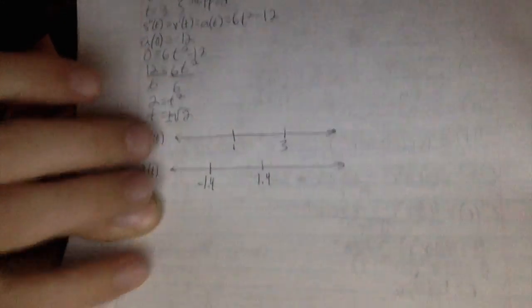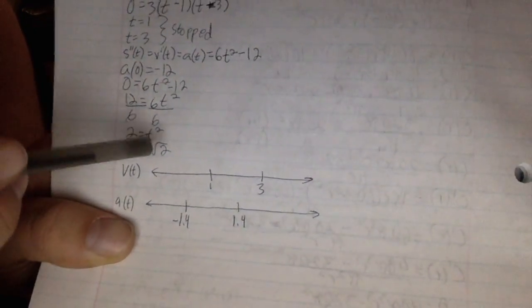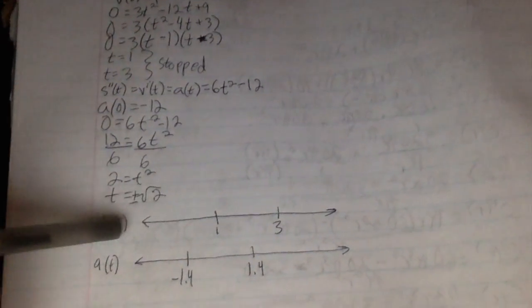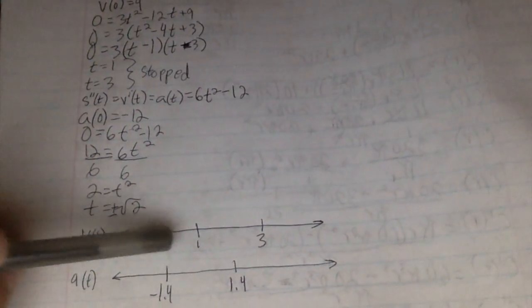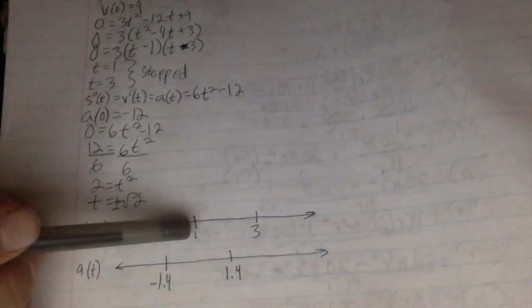So now we are going to see when these equations are positive and negative by plugging in numbers to each equation. For this side, we're going to pick a number smaller than 1, so we can pick -1. And with your calculator, you can see that the answer comes out to be positive.